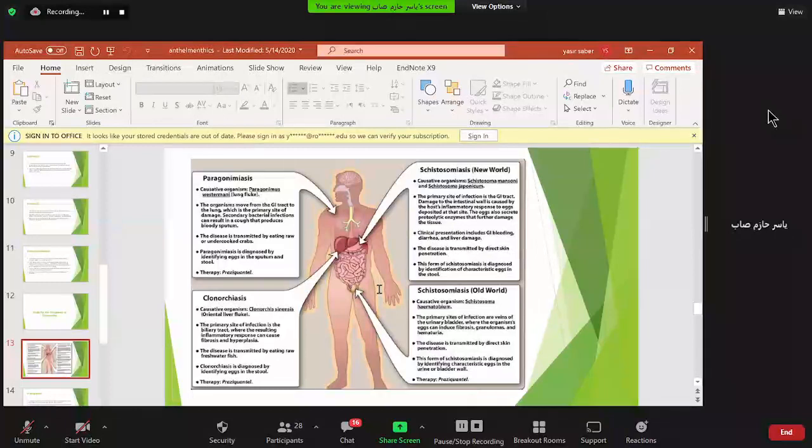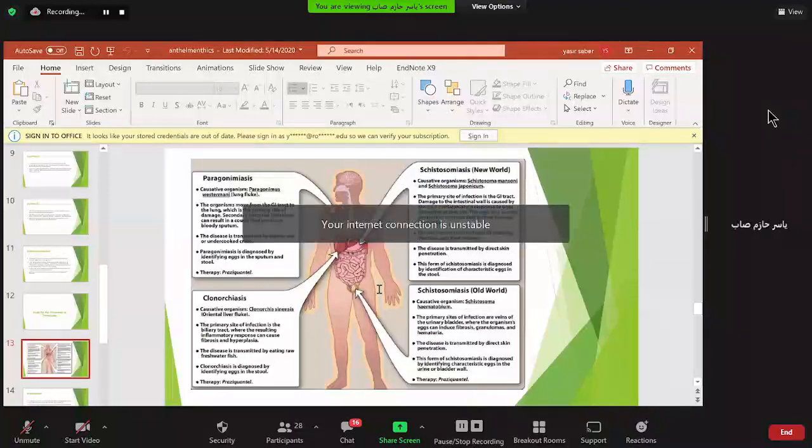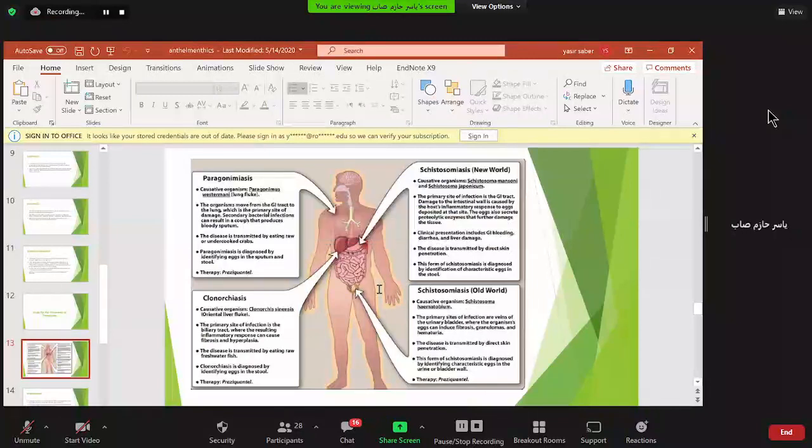Schistosomiasis, causing organism Schistosoma mansoni. The primary site of infection is the GIT tract. The damage to the intestinal walls is caused by host inflammatory response to the eggs deposited at the site of infection, and the eggs secrete proteolytic enzymes that further damage the tissue.